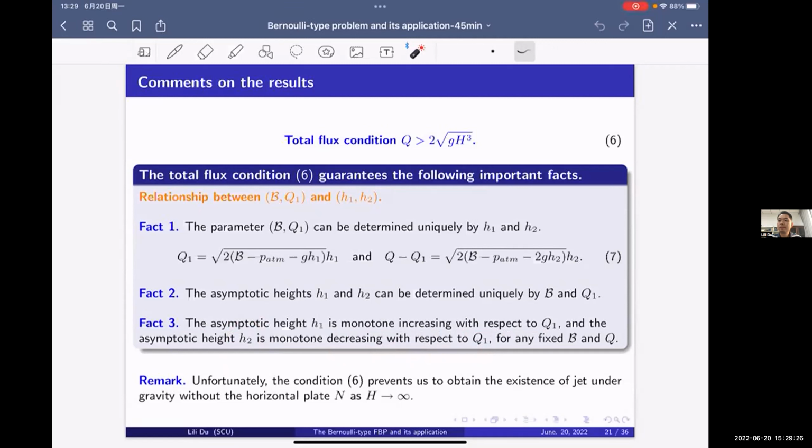However, unfortunately, condition 6 prevents us from obtaining the existence of the jet under gravity without the ground. We cannot take the limit H goes to 0.